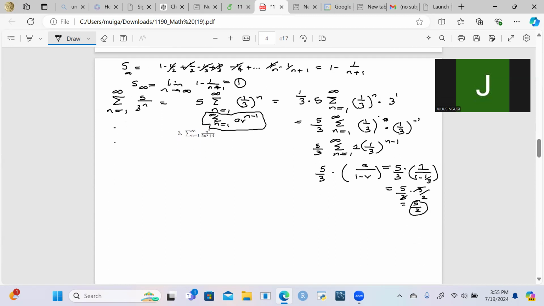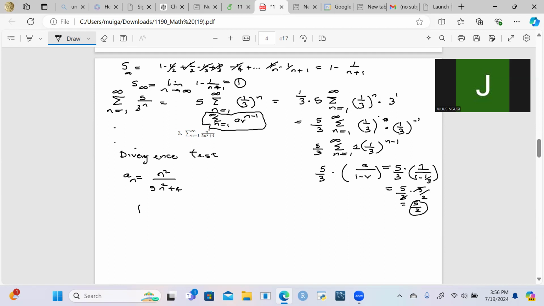For number 3, we use the divergence test. So that means that we take that term, that's n squared over 5n squared plus 4.